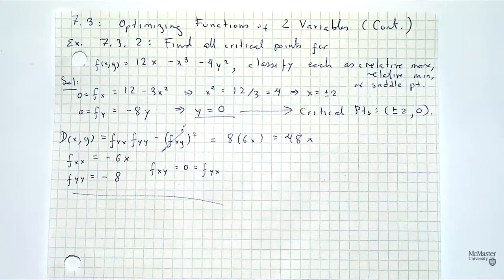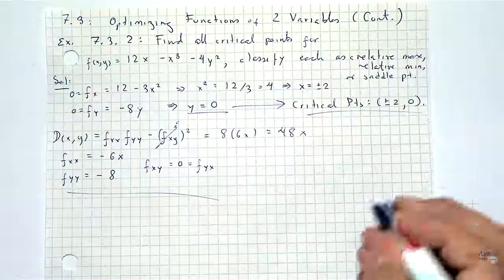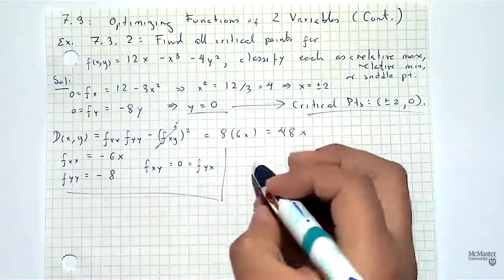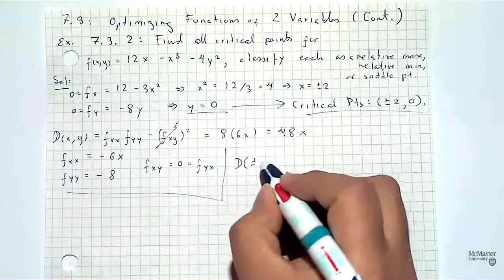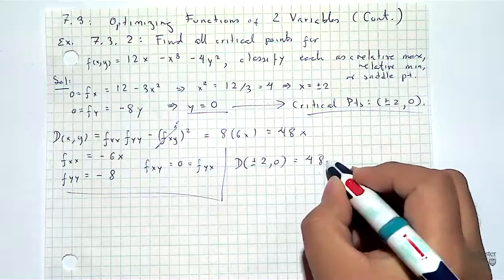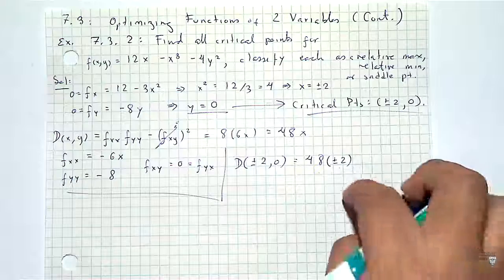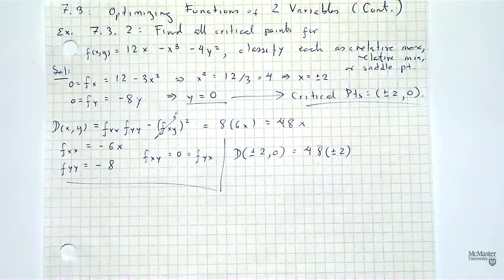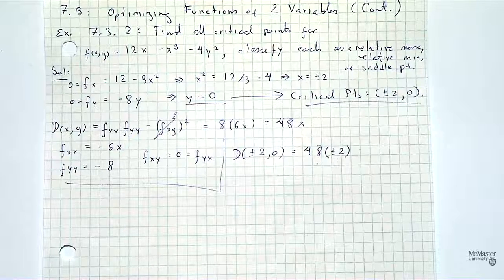Of course, you have to evaluate D at these two points, right? So D evaluated at plus or minus 2 comma 0 would be 48 times plus or minus 2. So one of them will be negative and the other positive. The one that is negative will give you the saddle point.